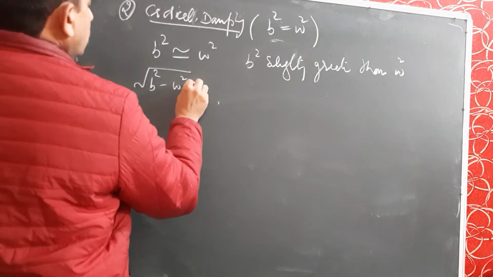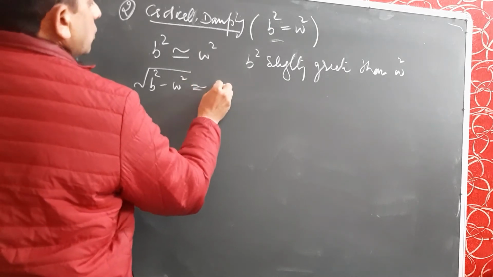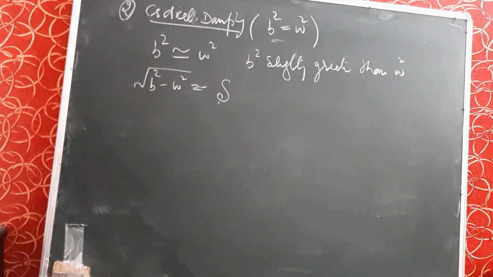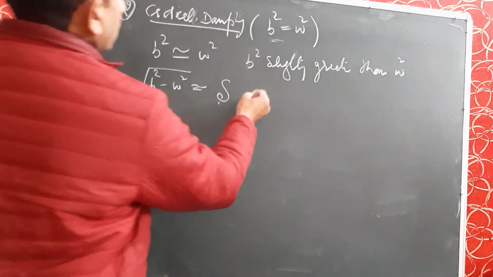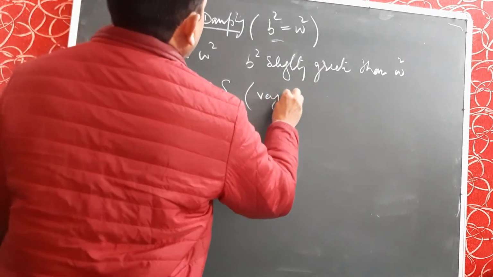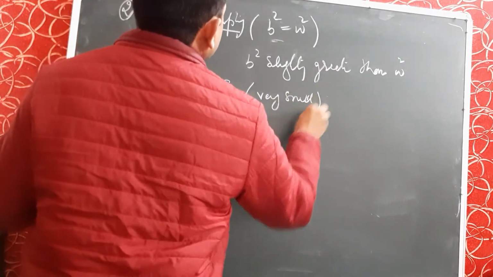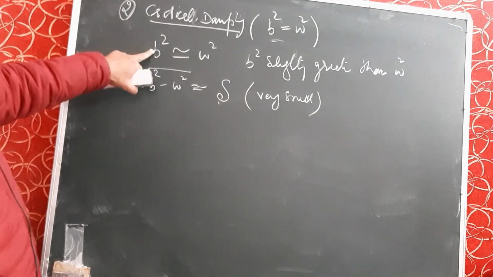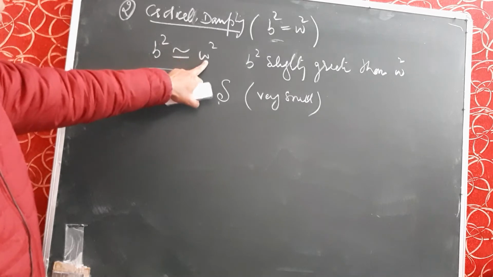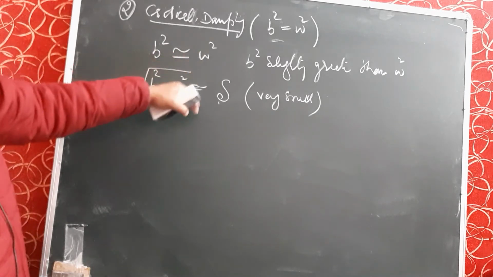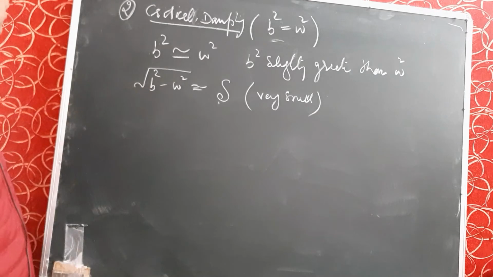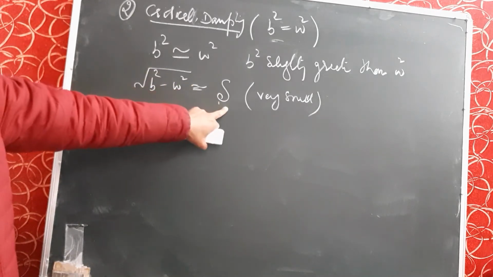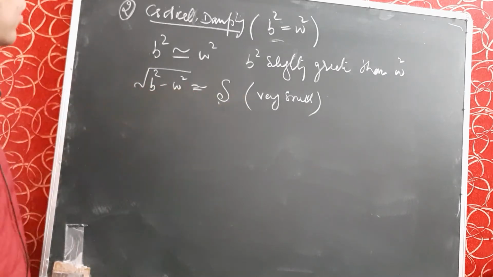It is not exactly 0 but tends to 0, and I will consider it as delta. This delta is a very small quantity. Why have I used delta? Because b square is slightly more than omega square, so when we subtract, we get a very small quantity, and the square root of a very small quantity is also very small.